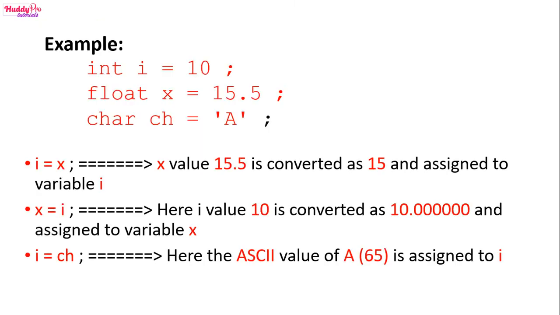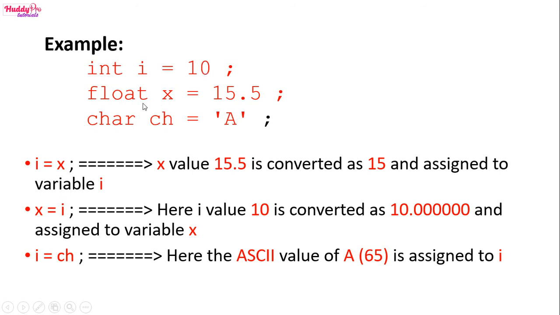Okay, we can still look at that in detail. Look at this example. We have a simple code, int I, and I has a value of 10. So this I is a variable with an integer data type, and it is declared and assigned a value of 10.